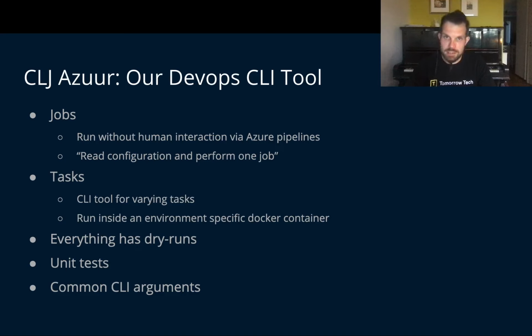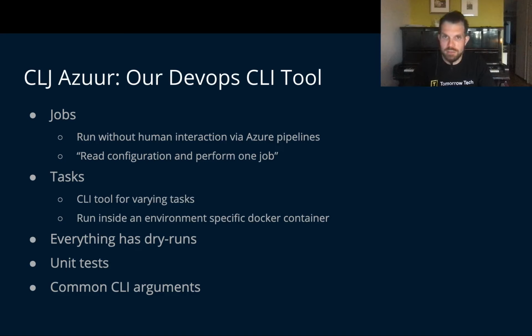And then the tasks are run by humans on a command line, and they are run inside an environment-specific Docker container, so that they always have the same parameterization on how to get the right credentials, for example, for Azure or Kubernetes.